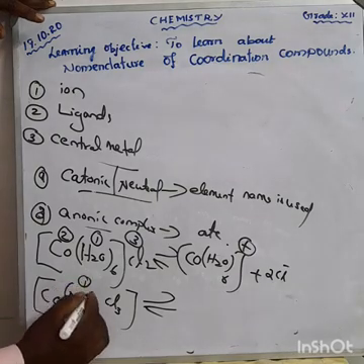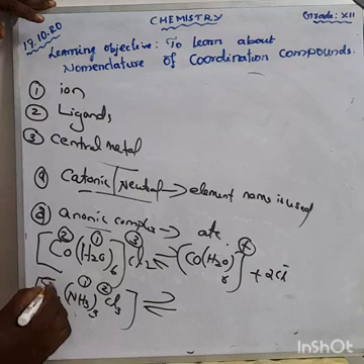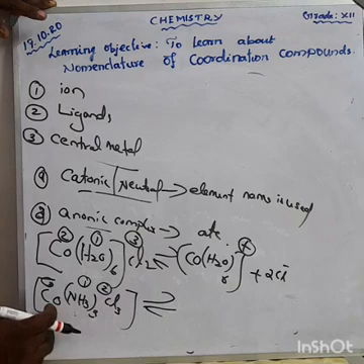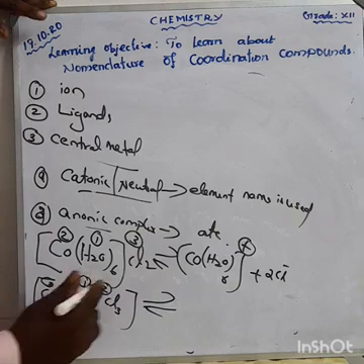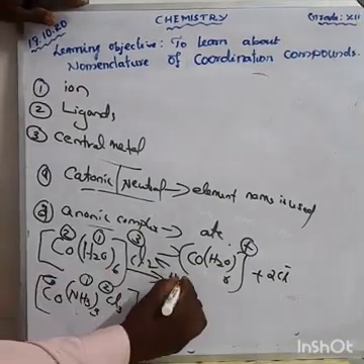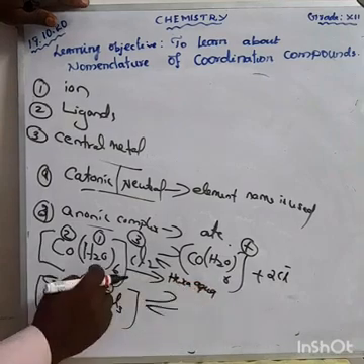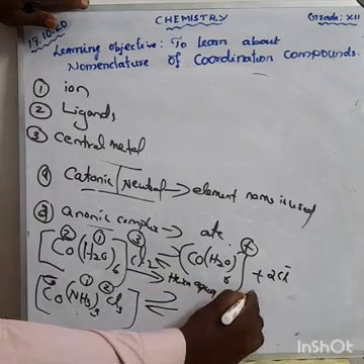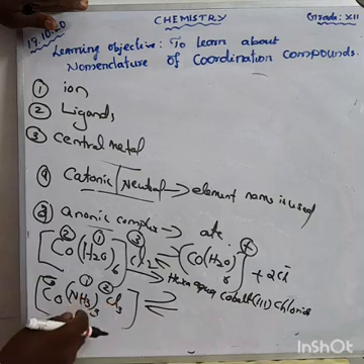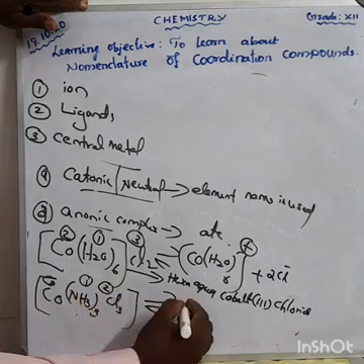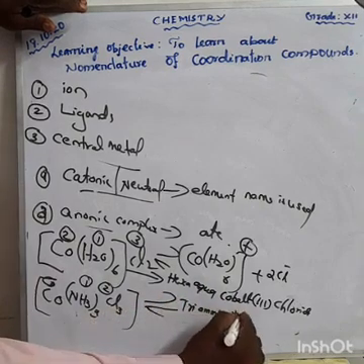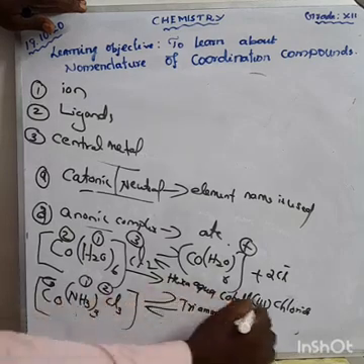Here, first priority goes to the ligand, second the metal, third the ion. For the neutral one: triamminetrichlorocobalt(III). Can you see the name? Hexaaquacobalt(III) chloride, and triamminetrichlorocobalt(III).